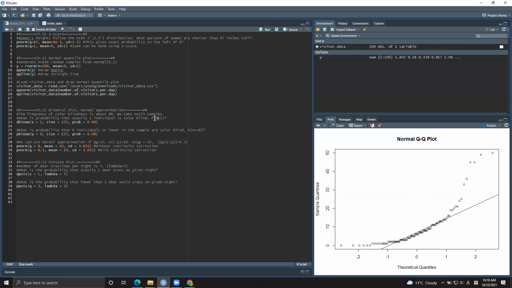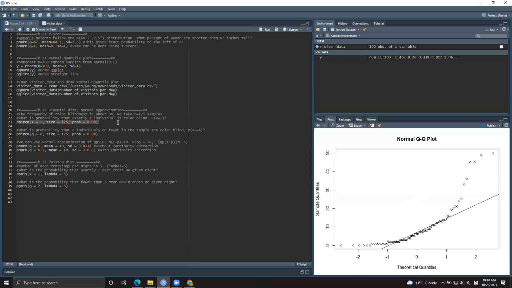So how many colorblind persons will you get out of this 125 sample? And we're specifying only one. What is the probability of you observing exactly one individual who is colorblind when you take 125 samples out of the population, where the population has an 8% chance of being colorblind?